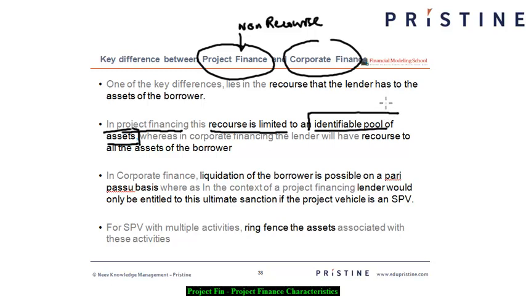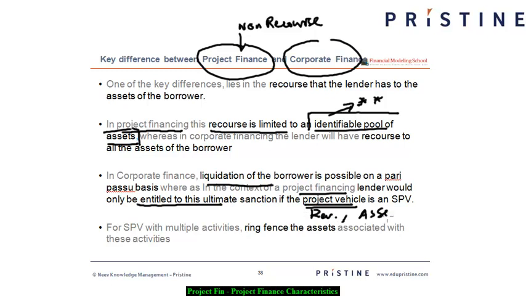So as a project finance analyst, you need to make sure that you identify your pool of assets and the revenue very, very clearly. Again, in corporate finance, you can liquidate the borrower, but in project finance, you are entitled to only the cash, the revenues, and the assets.